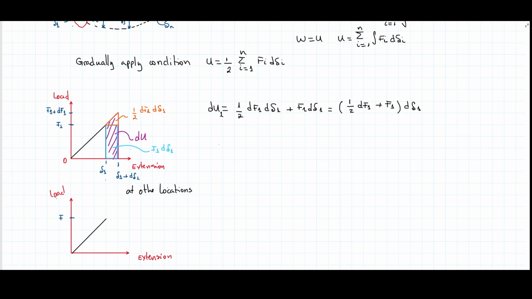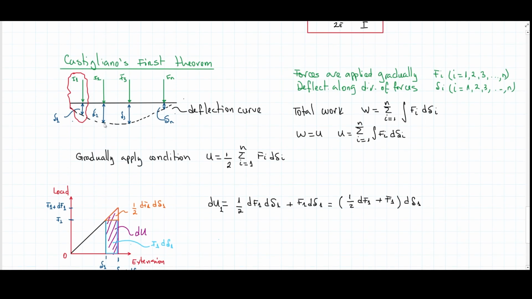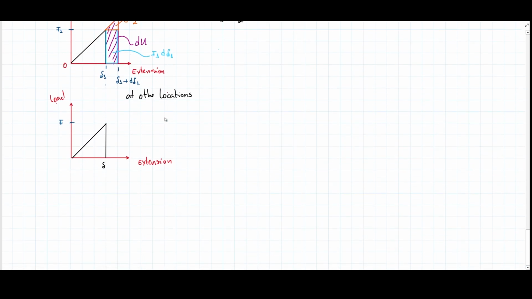But then what happened was that when I increased force 1 by an infinitesimal amount, there is a consequence replicated in those other positions that I'm monitoring. And how did they feel that change?